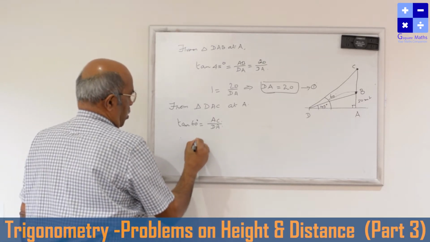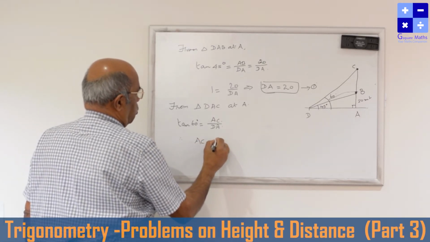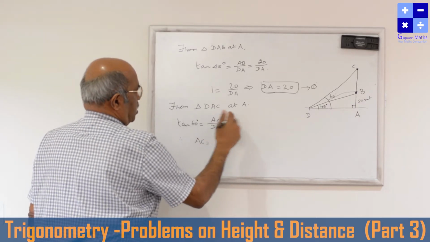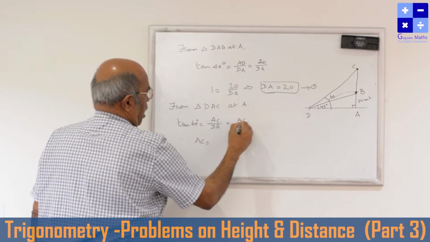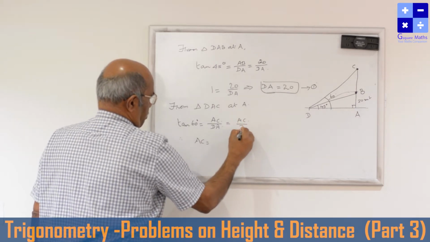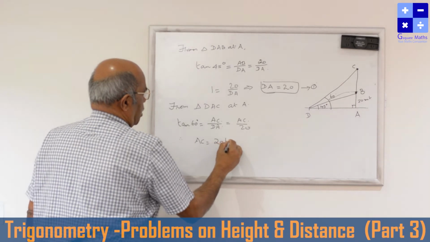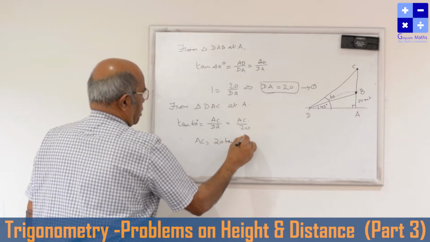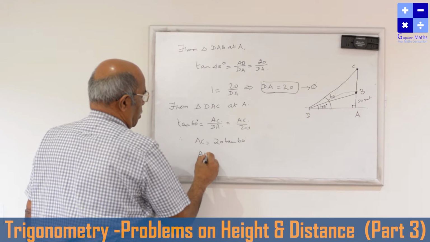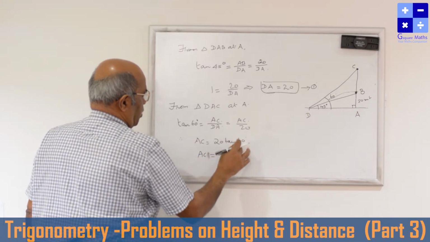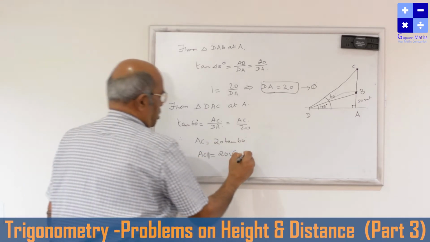Therefore, AC is equal to AC as it is and DA we already calculated as 20. So therefore AC is equal to 20 into root 3. The value of tan 60 is root 3. So this is the second equation.